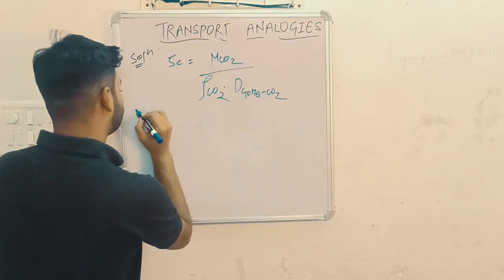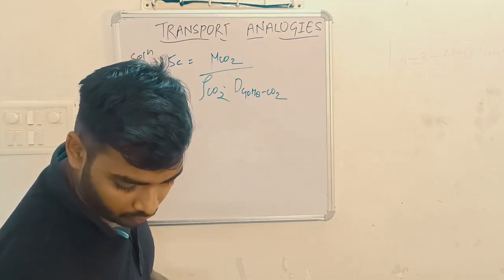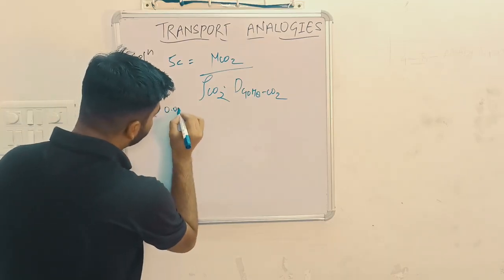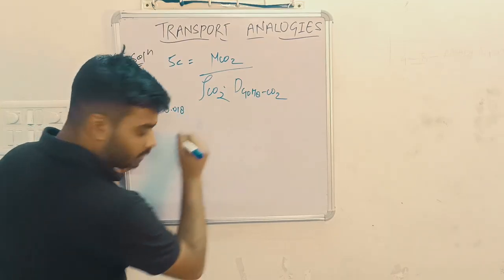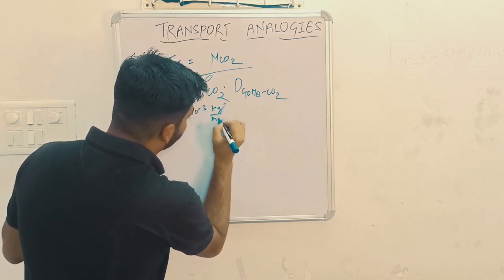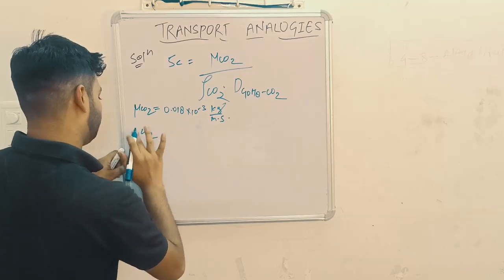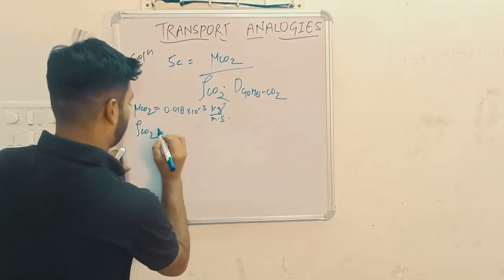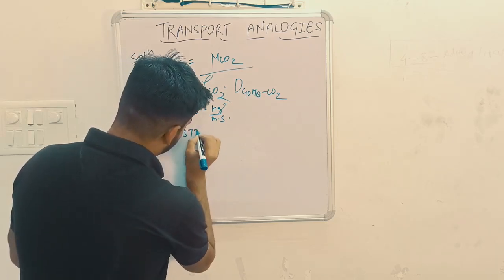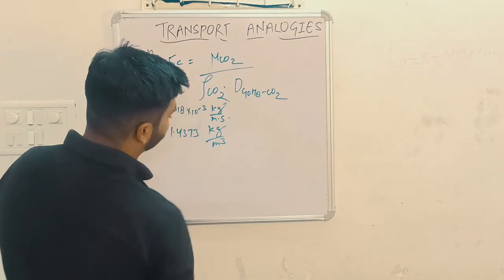So for calculating this, we have mu CO2 equal to 0.018 into 10 power minus 3 kg per meter square. Density of CO2 is given as 1.473 kg per meter cube.